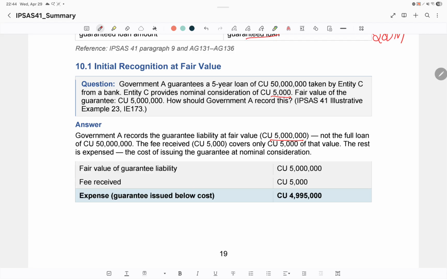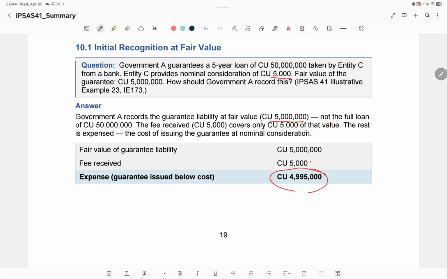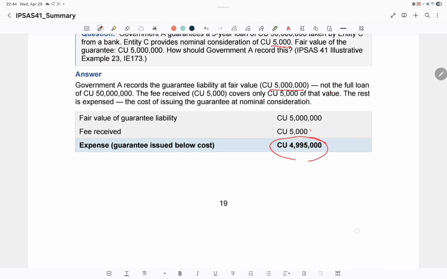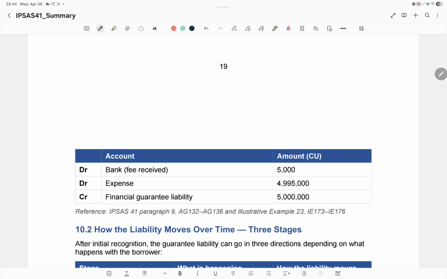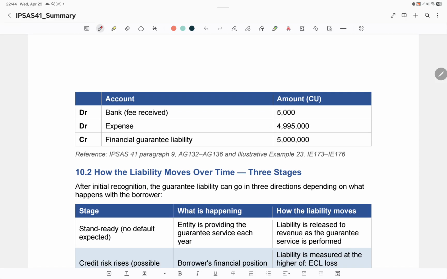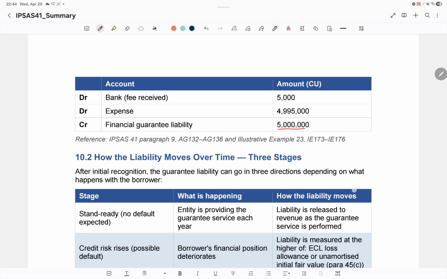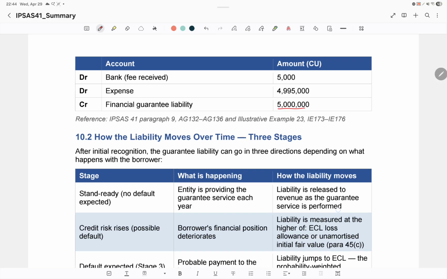The fee received covers only 5,000 of the value, so the expense is 4,995,000. Debit expense, debit bank, and credit liability of 5 million.